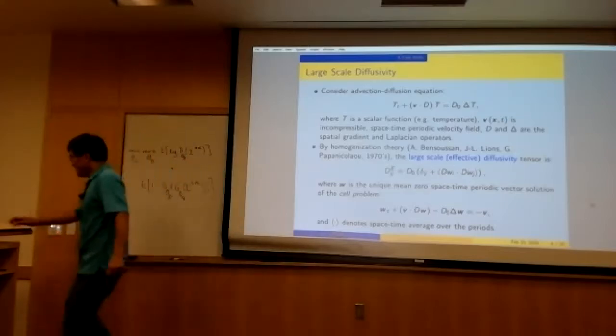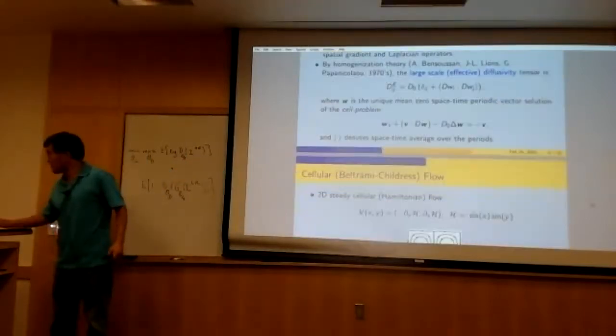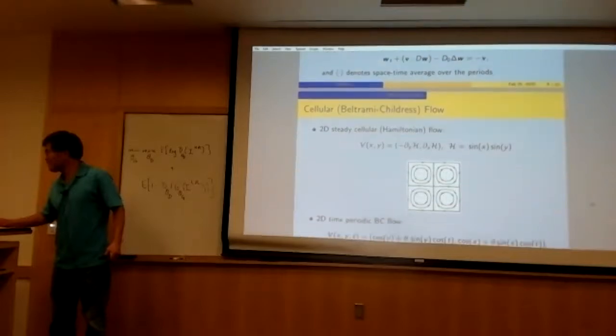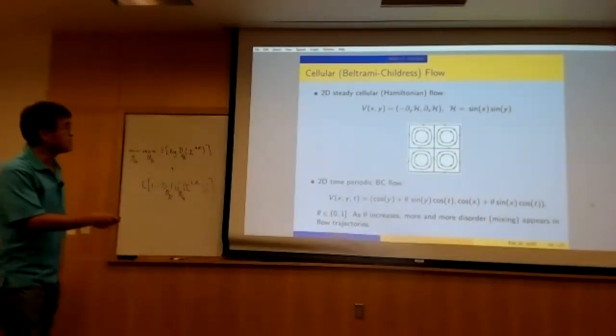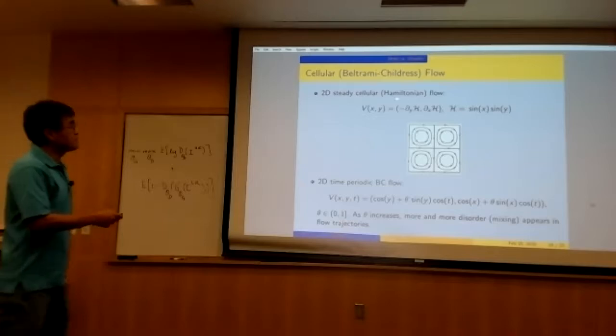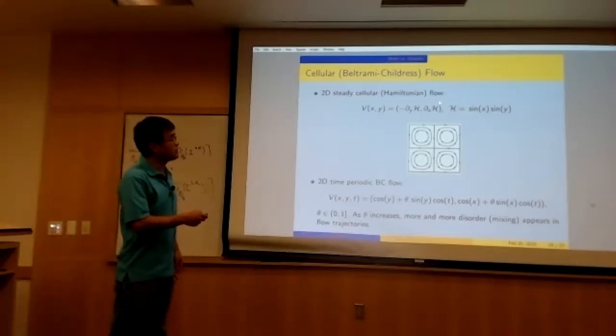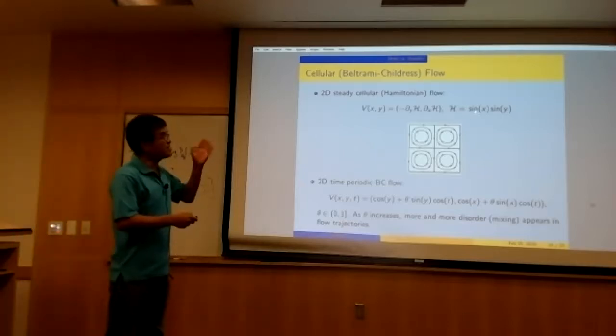Okay, all right. So now let's look at some specific flows. The first one is the so-called Beltrami-Childress flow. So it's a two-dimensional steady Hamiltonian flow. I put this in there because for this case we know a lot about the DE.